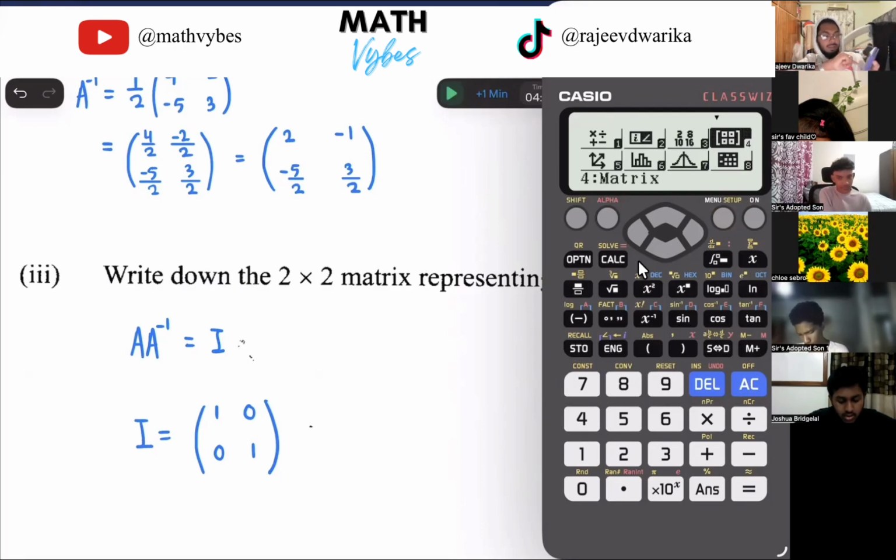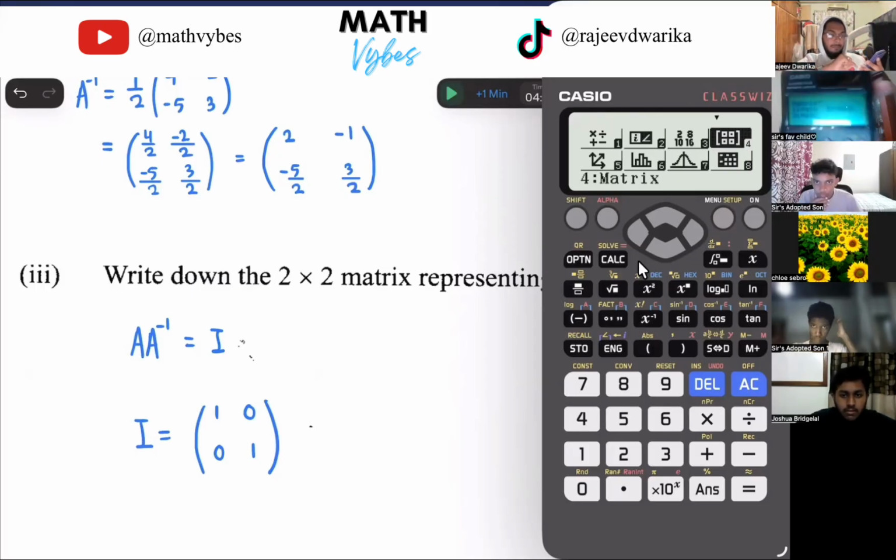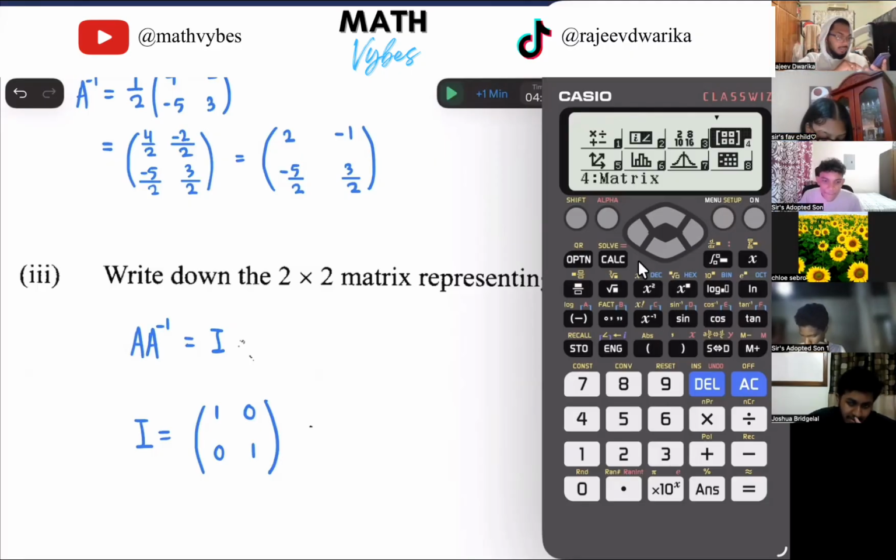But everybody who has the same calculator, when you press option 6, you should see this. Then press 1 for matrix A. Excellent, that's what you should be seeing, Sky. Now you want to press option 5 because you have a 2 by 2.